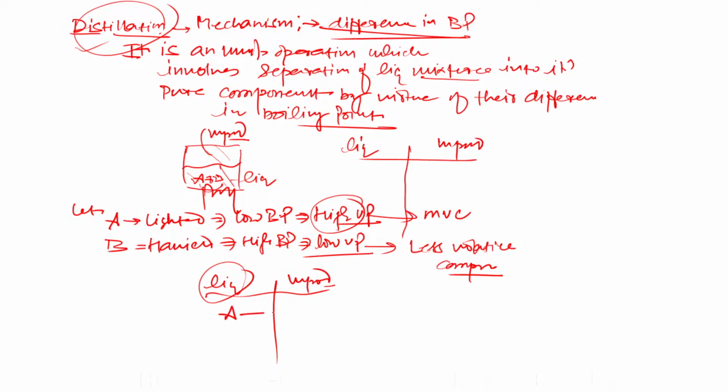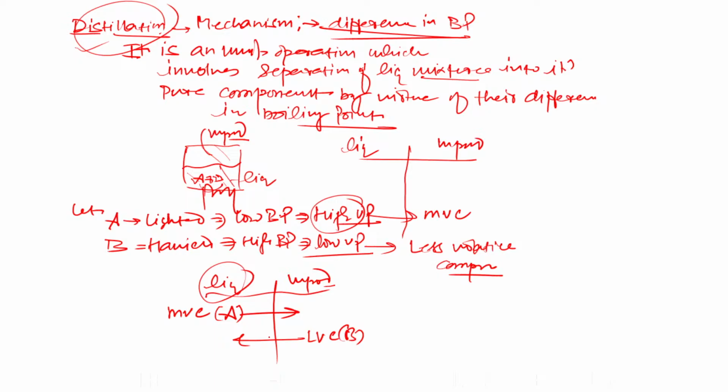A, the more volatile component, transfers from the liquid to the vapor, and B, the less volatile component, transfers from the vapor to the liquid phase.